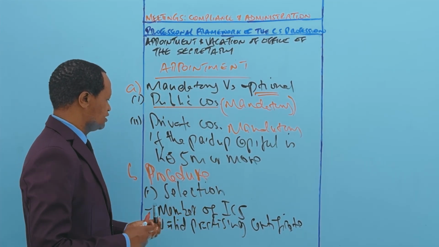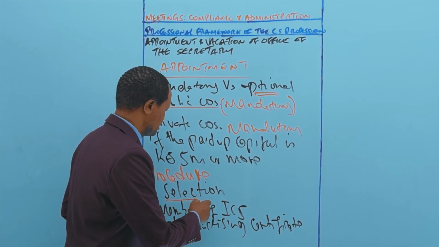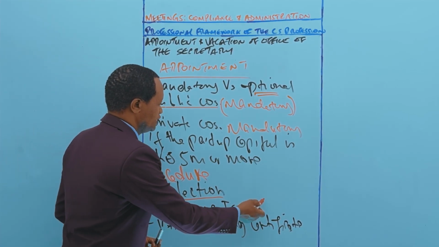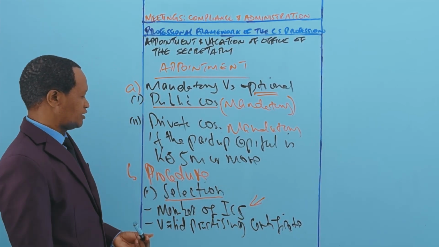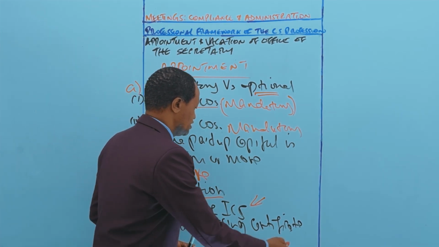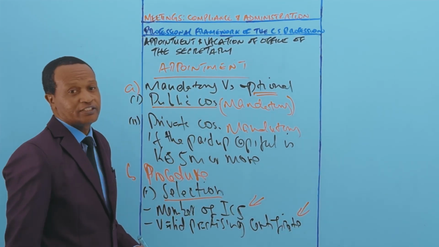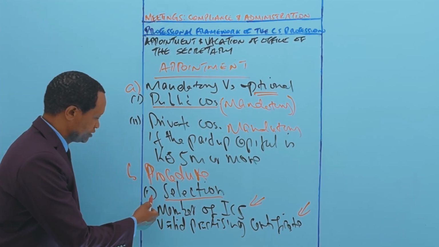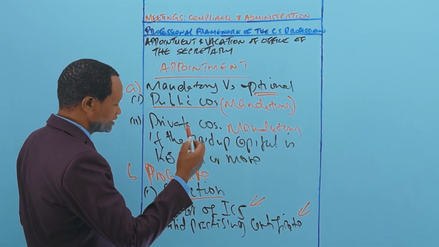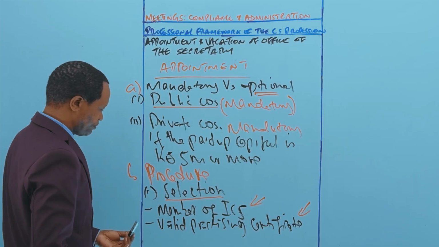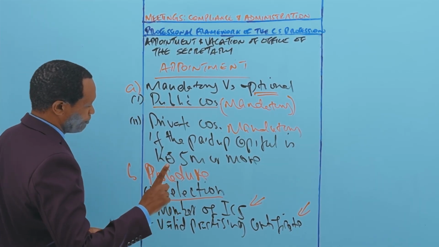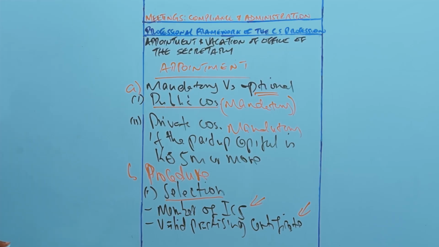The process begins by selecting a natural person who is a member of the Institute of Certified Secretaries, and this individual must have a valid practicing certificate. That's number 1. Then, having selected this natural person, in step number 2 the person must consent.